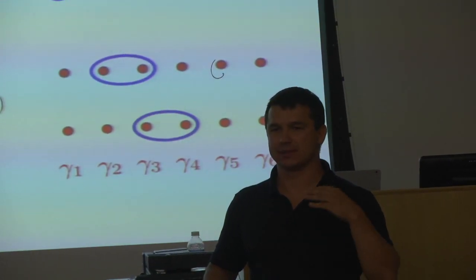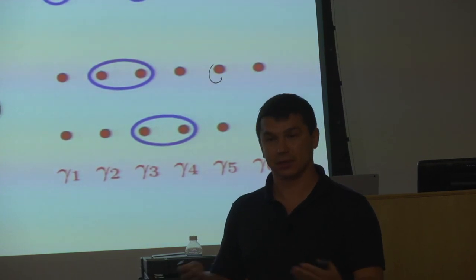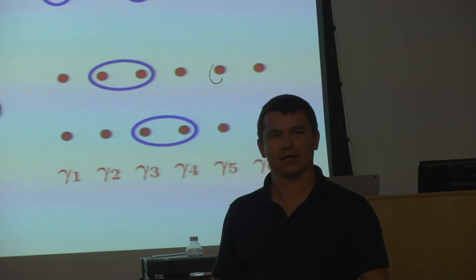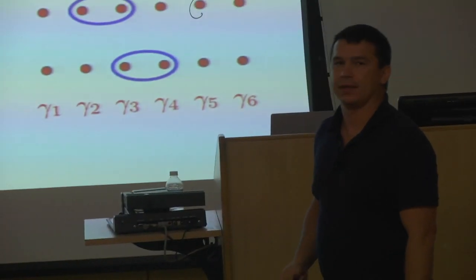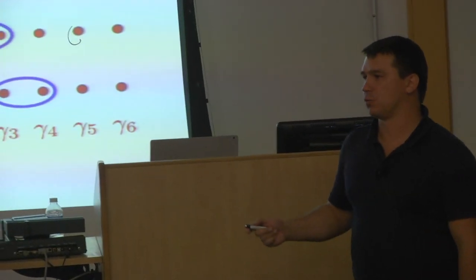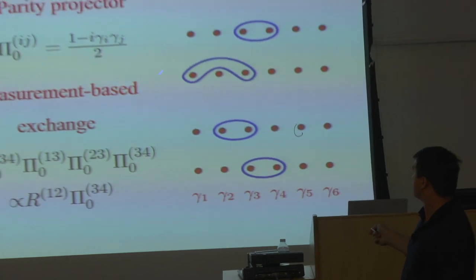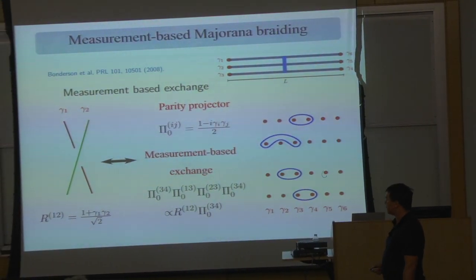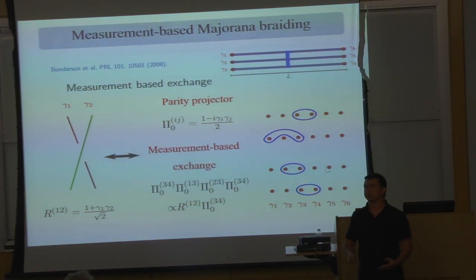So one can implement sigma x and sigma z operations, single qubit operations. They're not commuting with each other, so that's exactly what I explained before. And then one can implement even more complicated operations, which are exchange, if we perform more complicated sequences. In the paper that we posted, we also explained how to do 2-qubit gates and how to realize all Clifford operations.